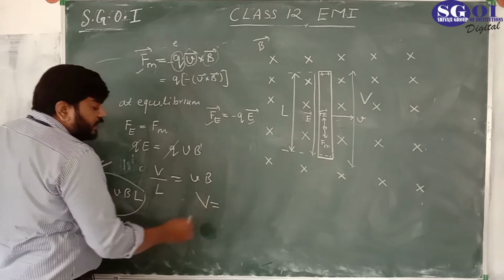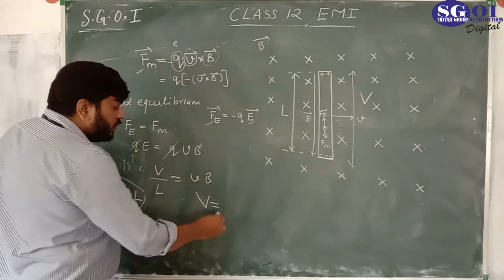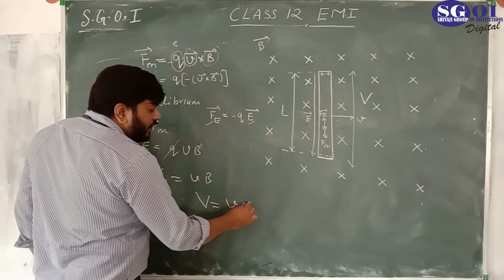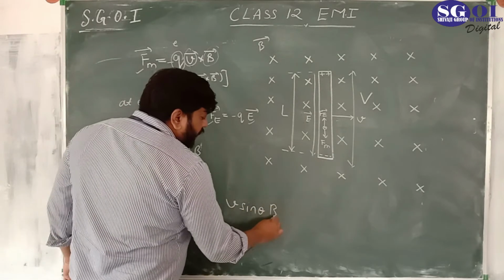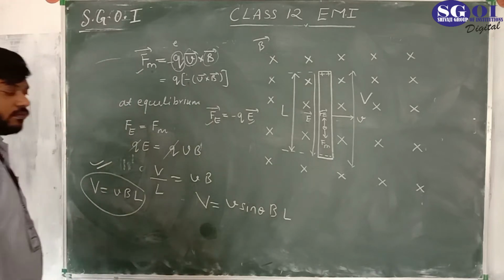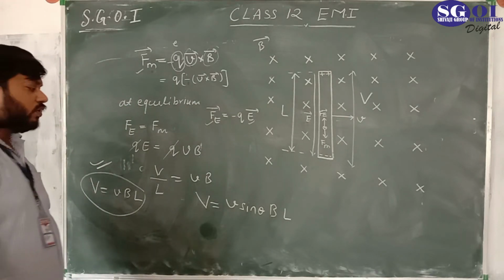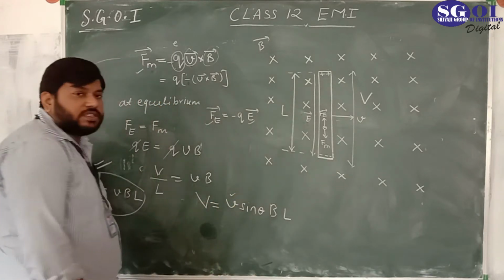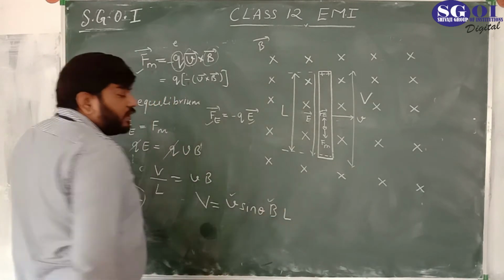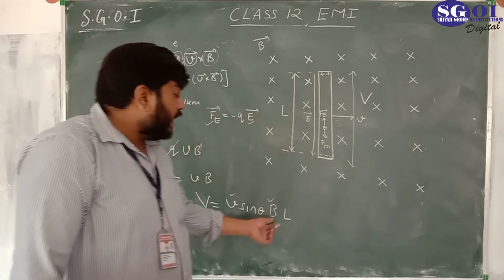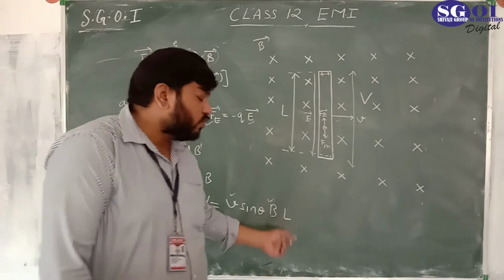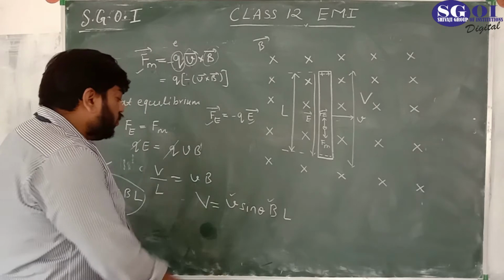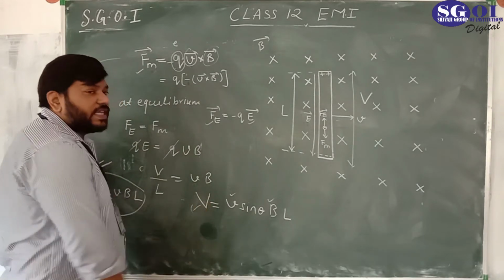So we write this equation in general form: in place of v, we write v sin theta, giving V = v sin theta B L. And we know that v is a vector quantity, B is also a vector quantity, and the length element, as we have already seen, is also a vector quantity, while potential is a scalar.